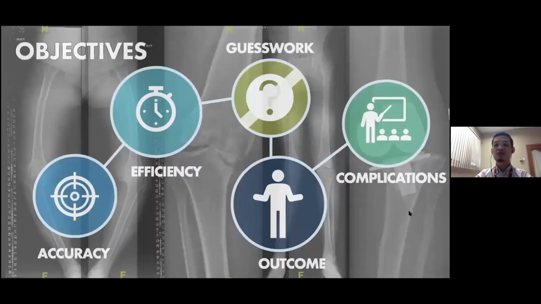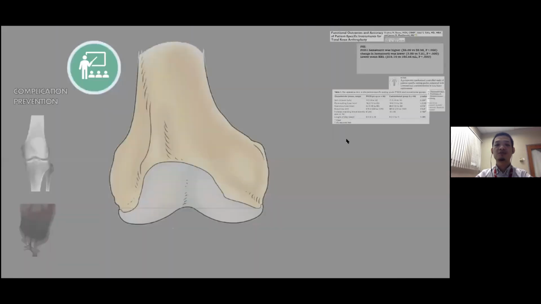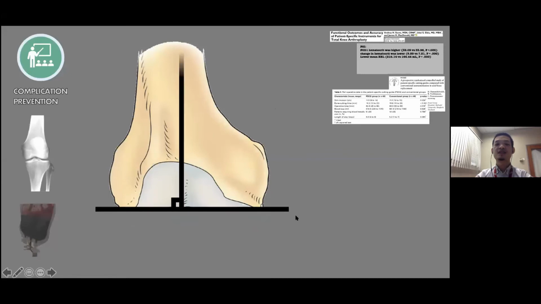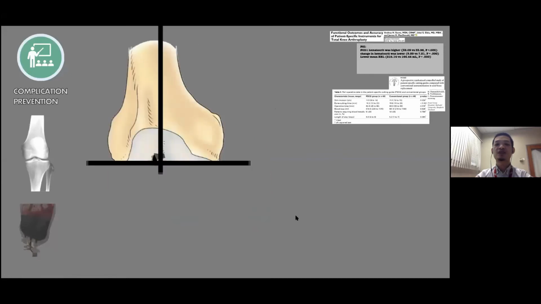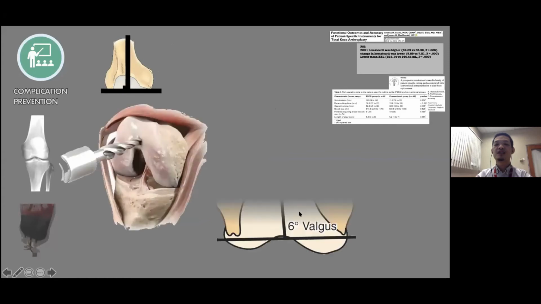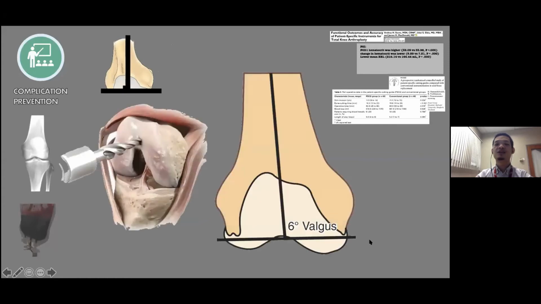Okay, what about complications? In terms of our conventional instruments, if you remember, we need to make a 90-degree cut for the femur. This requires us to drill and put something inside the femoral canal to help us guide the jig, which helps us do the cuts.